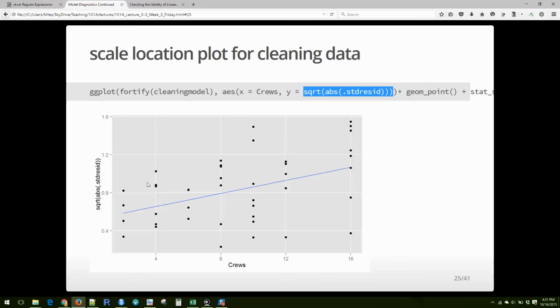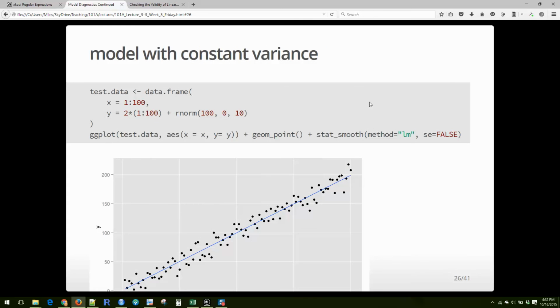Ideally this line would be flat. If we have constant variance, we would expect this to remain flat overall.